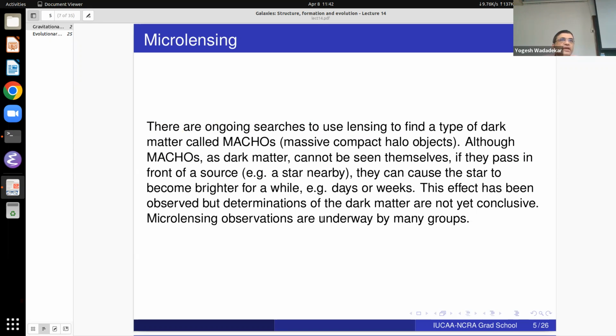The probability of getting two strong lenses is very small, okay? And in most cases where you get strong lensing, you actually see the lens, maybe a single galaxy, maybe a cluster of galaxies. So the chance of getting two strong lenses aligned is very small.